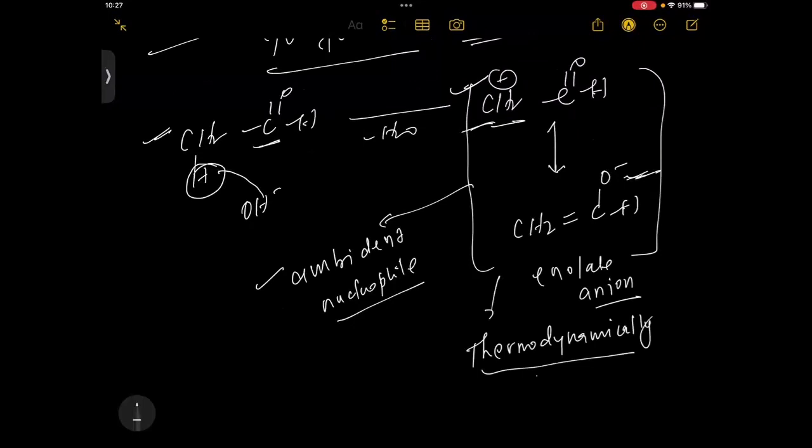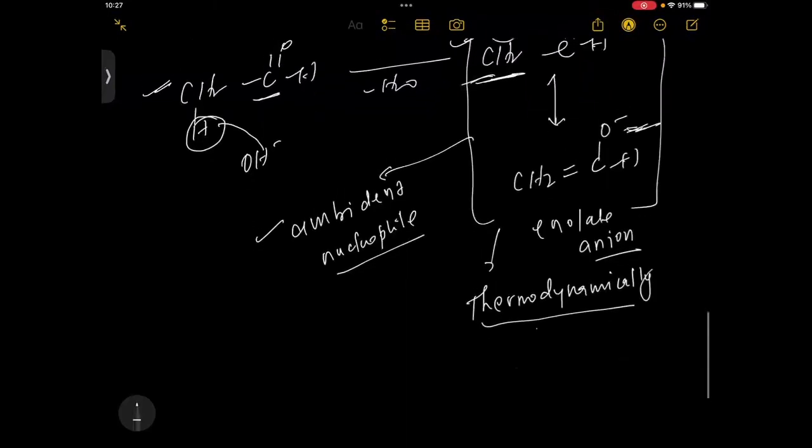When the oxygen attacks these carbons, a carbon-oxygen bond forms, which is thermodynamically unstable. That is not feasible, right? Therefore, in the enolate ion, the carbon will attack the next carbon.